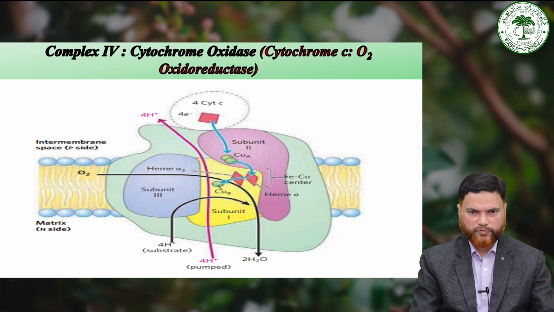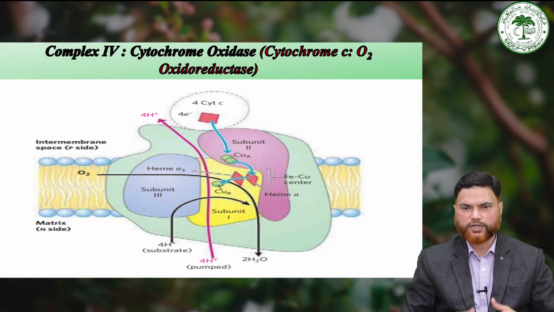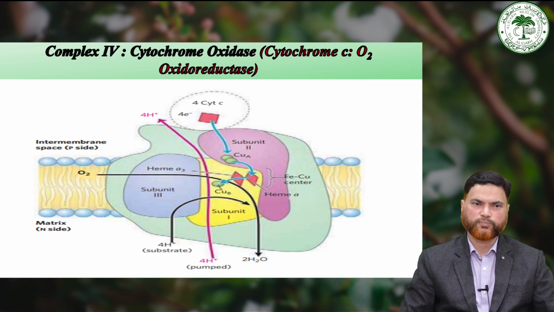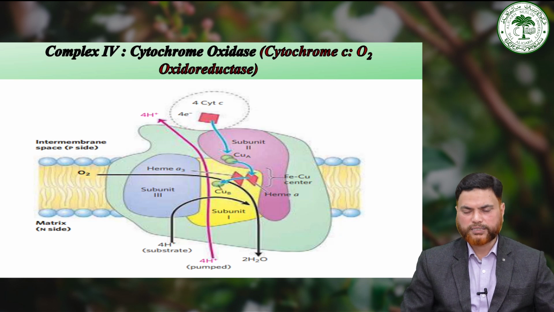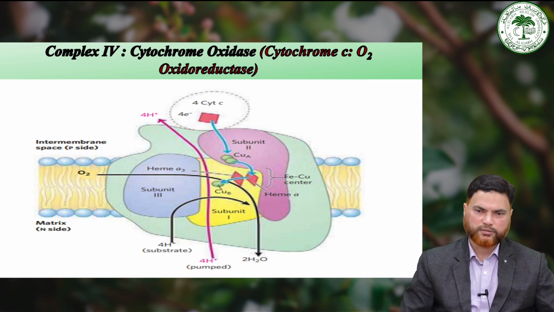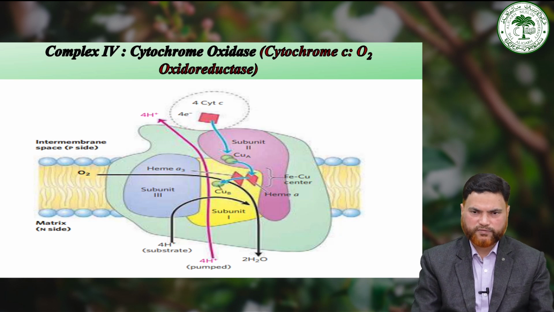Now, a very crucial point I would like to share with you is how the activity of this complex 4 is regulated. Basically, the activity of complex 4 is very tightly regulated to meet the energy demand of the cell. Various factors, including the availability of substrate, pH and redox state of different electron carriers, could influence the rate of electron transfer through the complex.